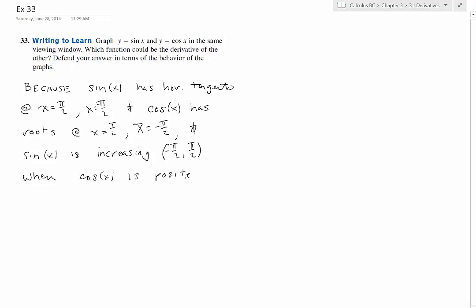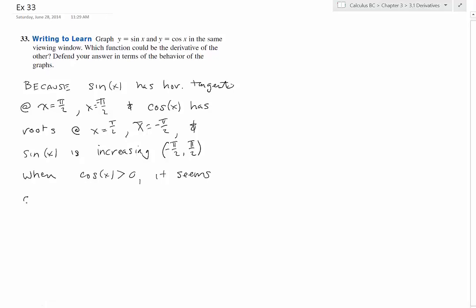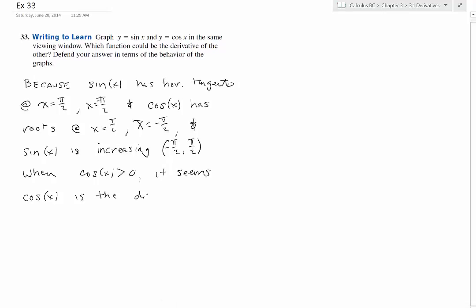Well, maybe we could write that better in mathematical notation. It seems cosine is the derivative of sine.